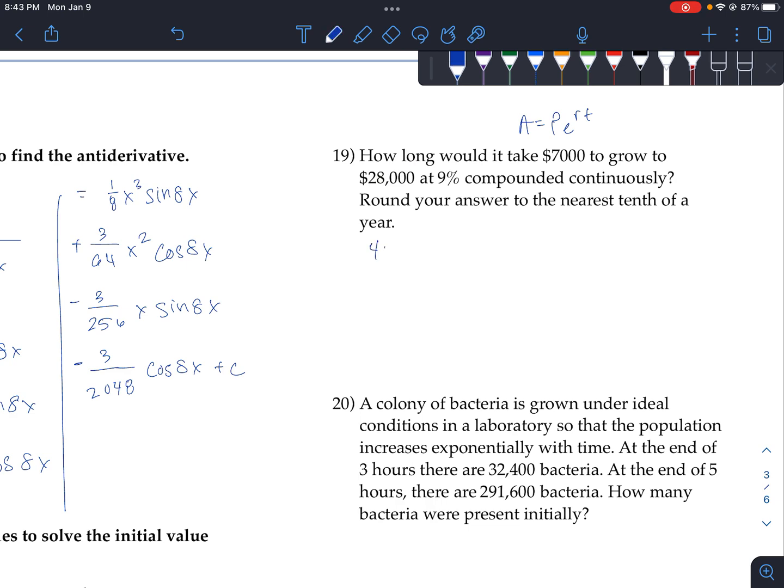So 4 is equal to e raised to the 0.09t. We're solving for t. Take the natural log of both sides. So you get the natural log of 4 is equal to 0.09t. And you'll get that t is equal to the natural log of 4 divided by 0.09, which should give you about 15.4 years.